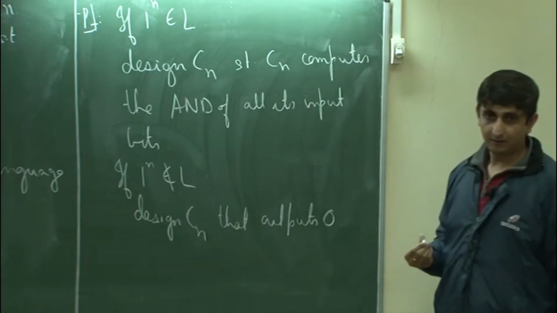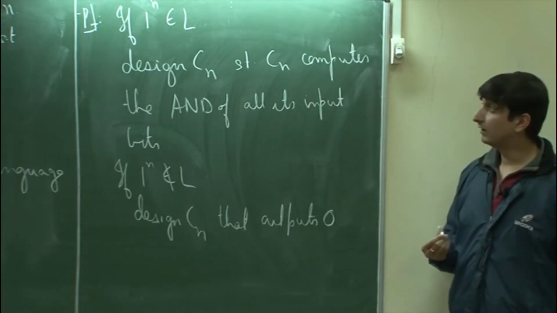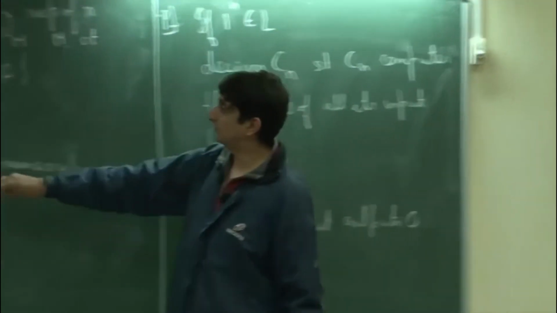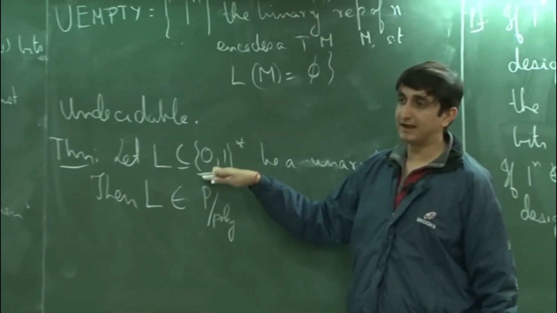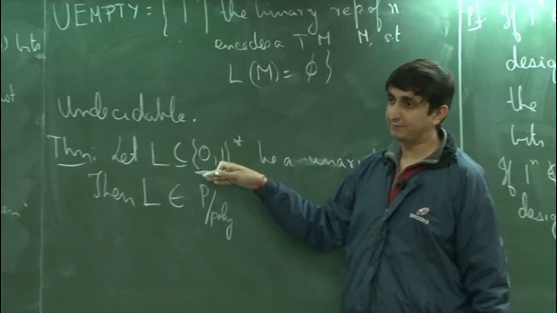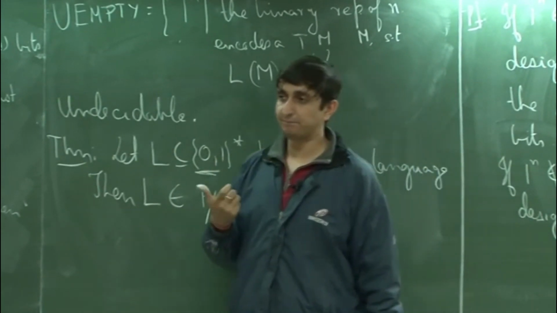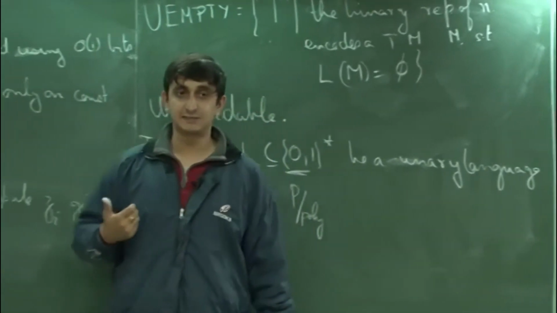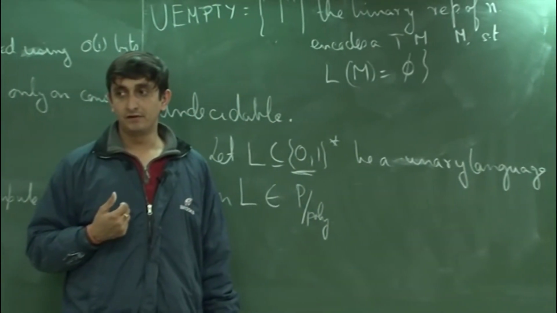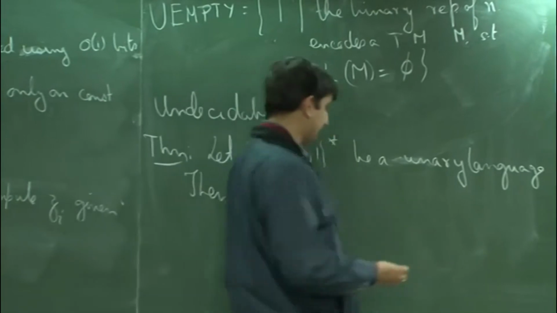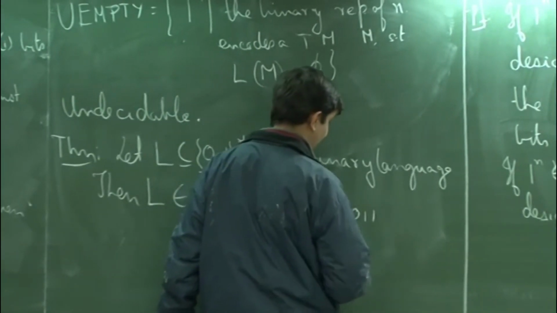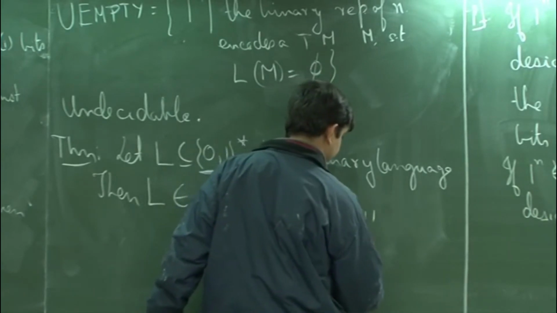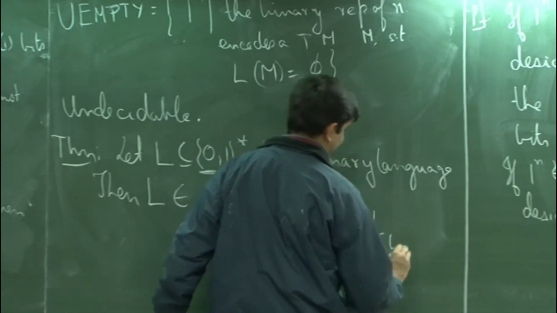I am assuming that the language can be over binary strings, so I can have an x which has some zeros also in it. Maybe I have an x which looks like 0 1 1, and also the string 1 1 1 is in this language.